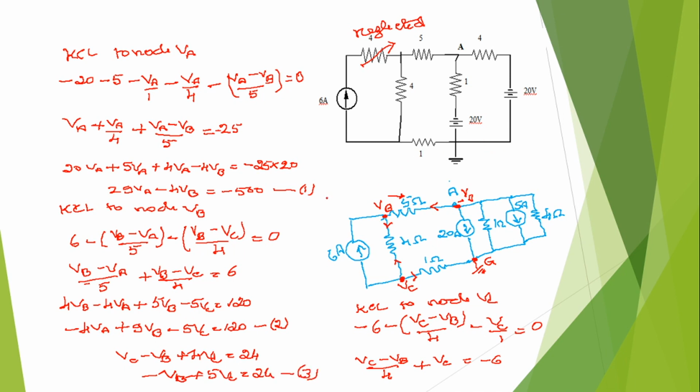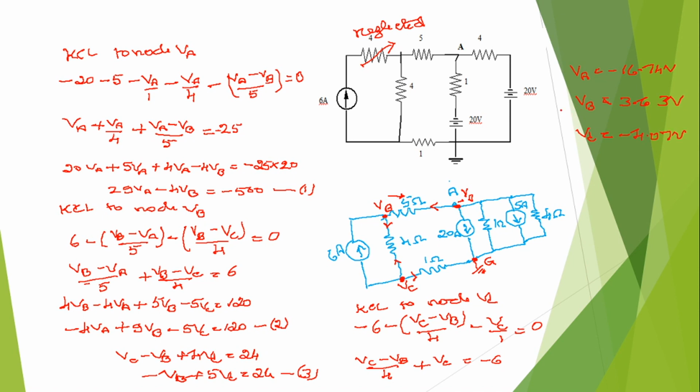So 3 equations, 1, 2 and 3, and 3 unknowns. If I solve these 3, I will get VA equal to minus 16.74 volt, VB equal to, by Cramer's rule, 3.63 volts, and VC equal to minus 4.07 volt.